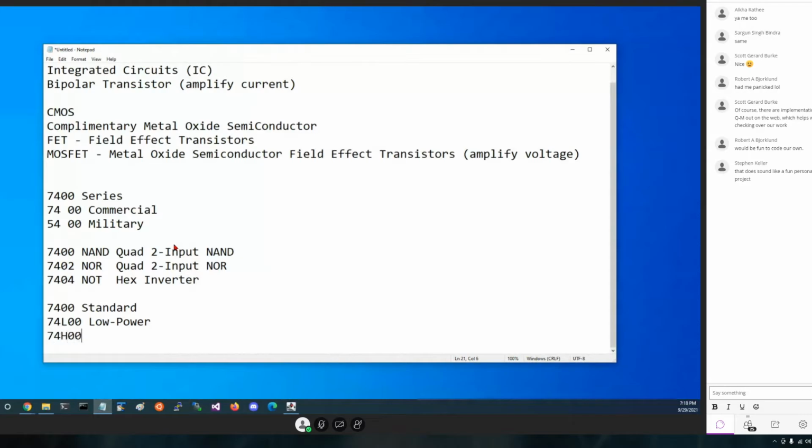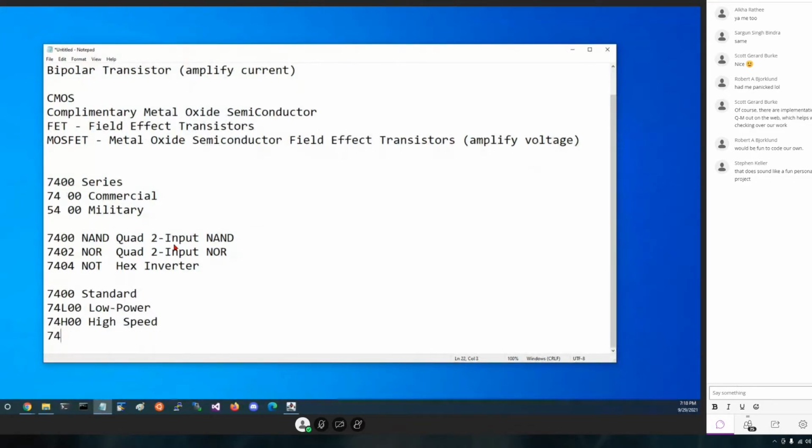The 74H00 is a high speed chip. 74LS00 is low power using Schottky diodes.